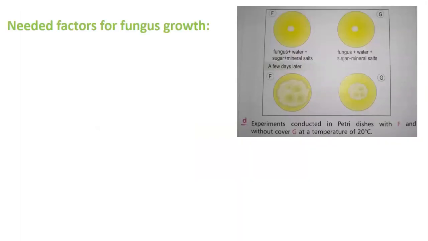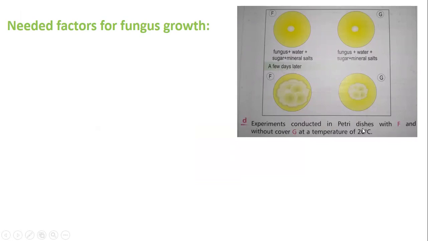Needed factors for fungus growth. Another type of experiment. Look at these two petri dishes in F and G. In F, fungus with water, with the sugar and mineral salts. All the elements are present in both petri dishes.